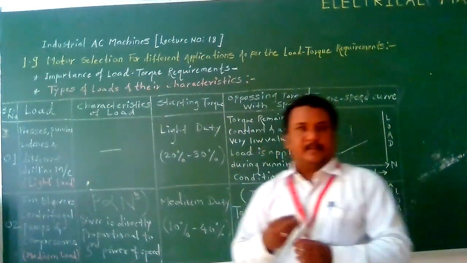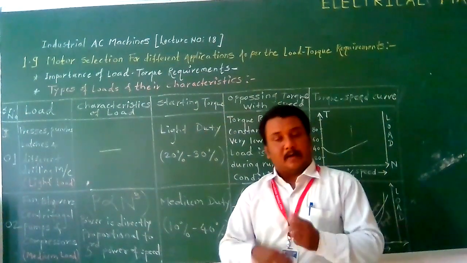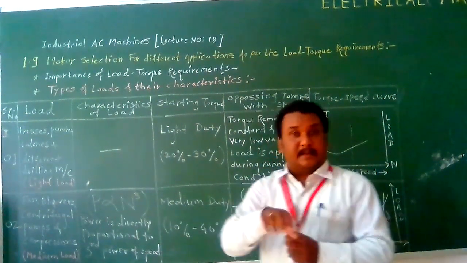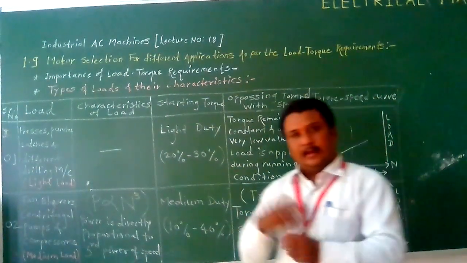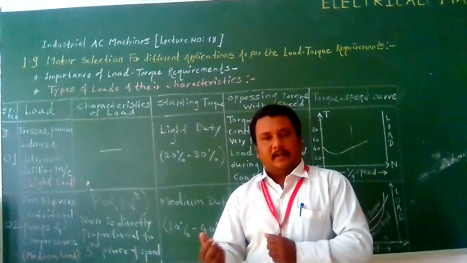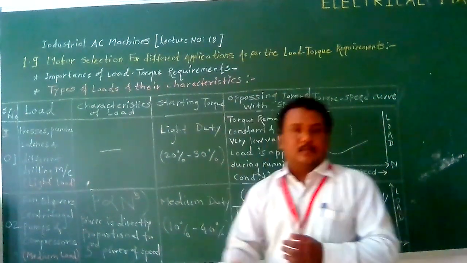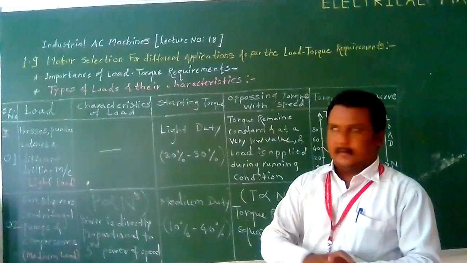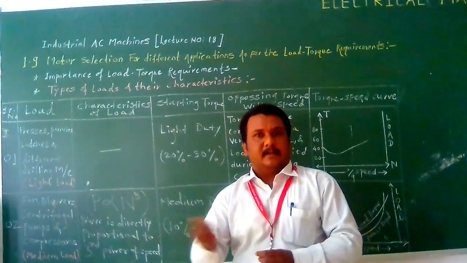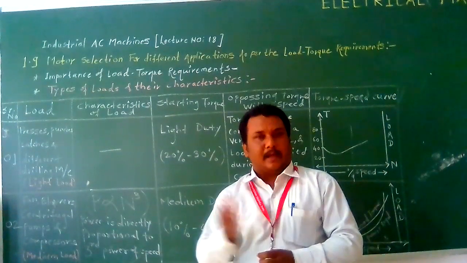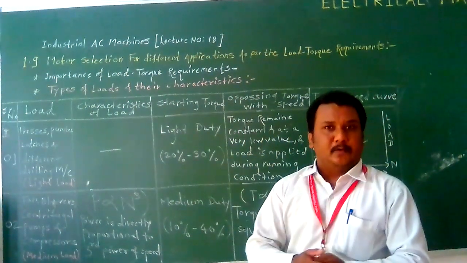So for selection of a motor for a particular application, because applications are different, we have to know its load torque requirement, meaning for which load which motor is capable. For example, say our load torque is 100 Newton meter, so we cannot use a 3 HP motor for heavy duty.